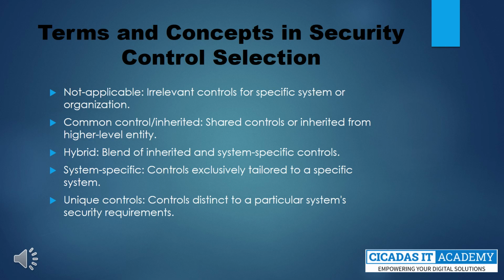Threat modeling helps in understanding potential threats and their impact on the organization's assets. Control categorization involves organizing controls into families based on their purpose and functionality. Control objectives define the desired outcomes and goals of implementing specific controls. Control baselines provide a standard set of controls that are recommended for a particular system or environment.